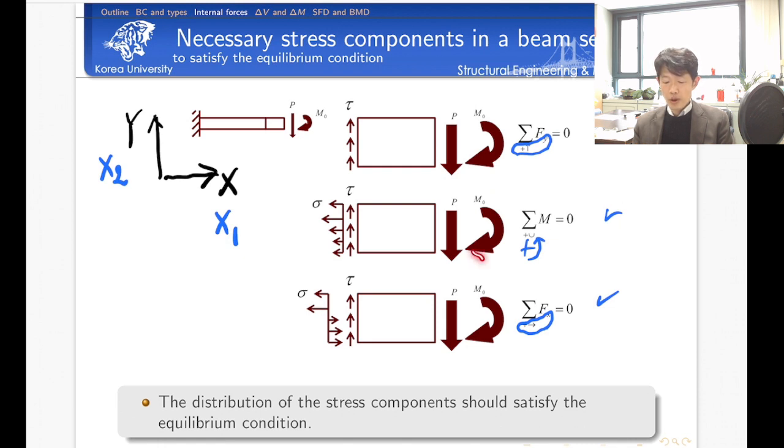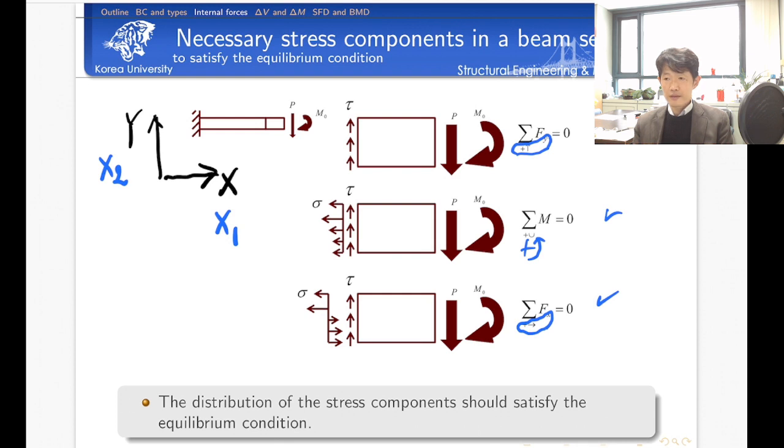So we have one external moment in the clockwise direction, and if you choose a reference point here to calculate the moment caused by the external load P, then it also produces a counterclockwise moment. Then we cannot satisfy the moment equilibrium condition, which is given here, sum of moments equal to 0.